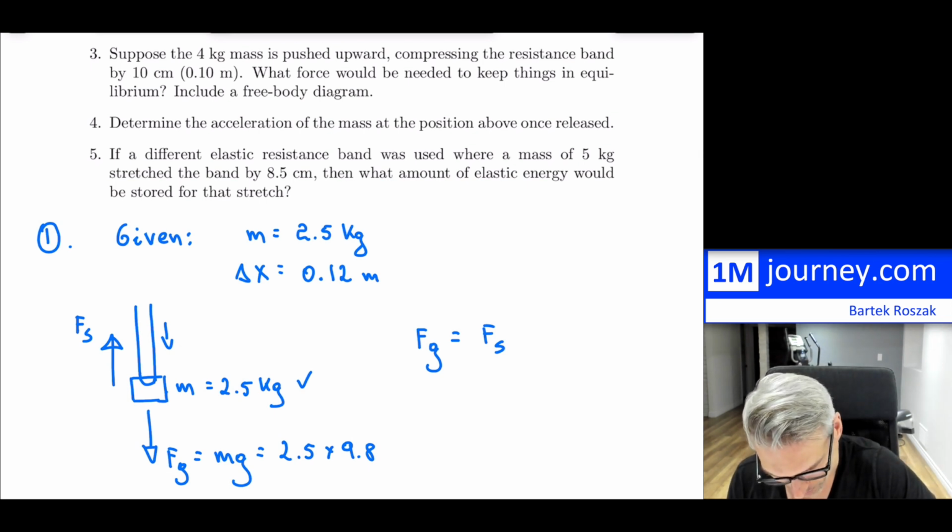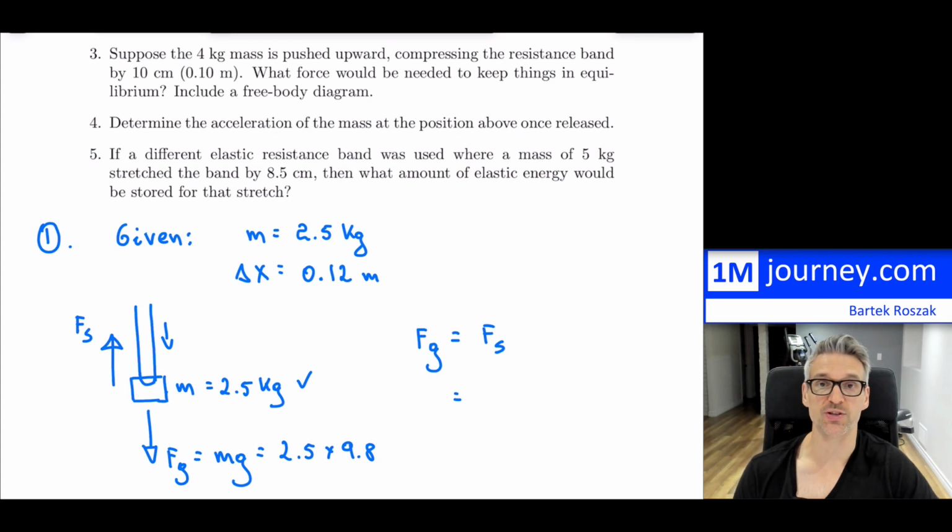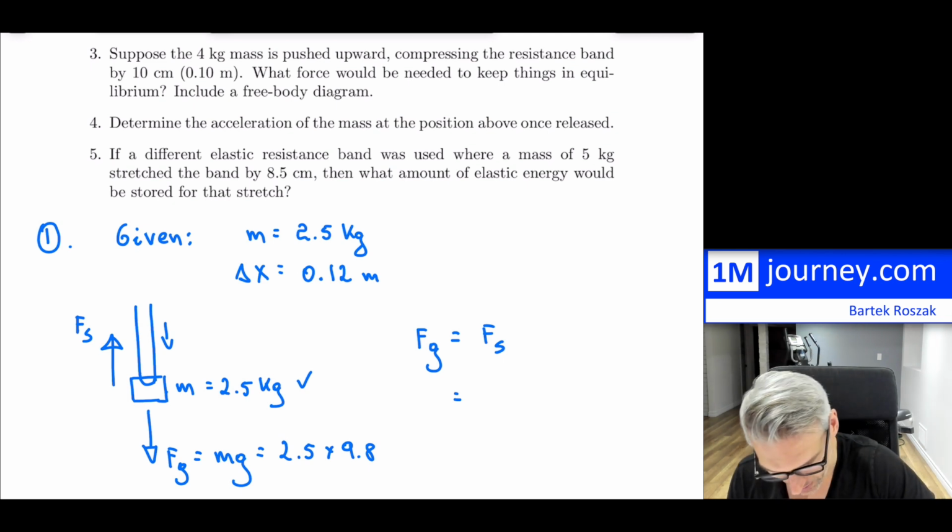So now what do we know from Hooke's law? Well, we know that the spring force is just negative k times the displacement. Now the negative just simply means the direction because it's opposite to the displacement. Now our direction is upwards, so we already know that, so I don't have to put the negative in here. So this is going to be just k multiplied by the displacement, or the stretch in this case.